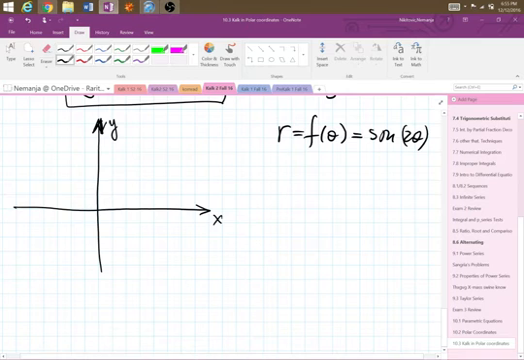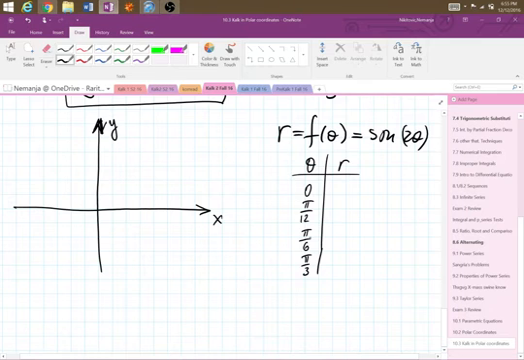So now, what I'm going to do is pick those thetas: 0, pi over 6, pi over 4, pi over 3. Ooh, actually I have a 2 there. So I can go pi over 12, pi over 6.